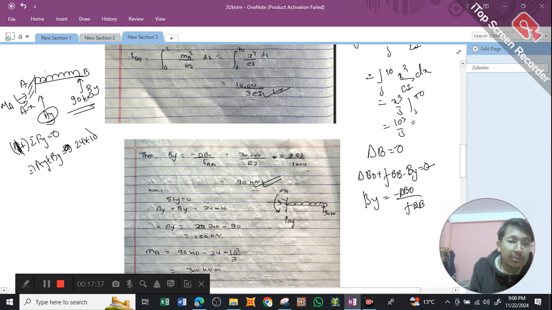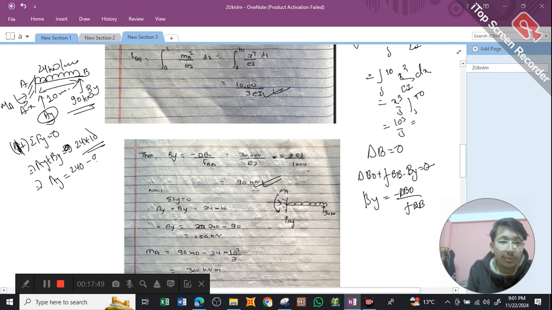This is 24 kilonewton per meter acting over a span of 10 meter. From this, AY becomes 240 minus BY, which is 90, so this becomes 150 kilonewton. Similarly, we get our value of MA as well. The value of AX will be 0, since there is no force acting in the horizontal direction.